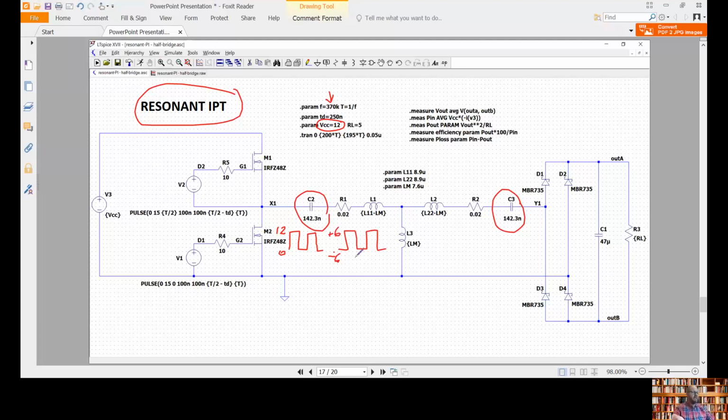And I say we should have, because here C2 is playing two functions: it is playing the DC blocking function and also is resonating with the inductance. So at this point we are not going to see the square waveform, we are going to see a combination of the square waveform and the resonant voltage.